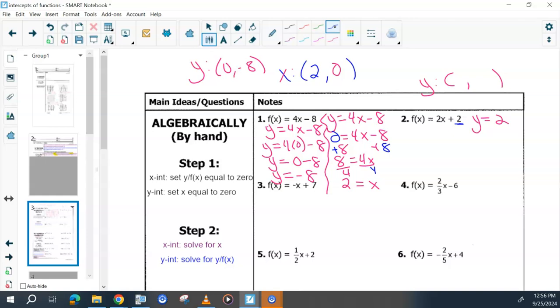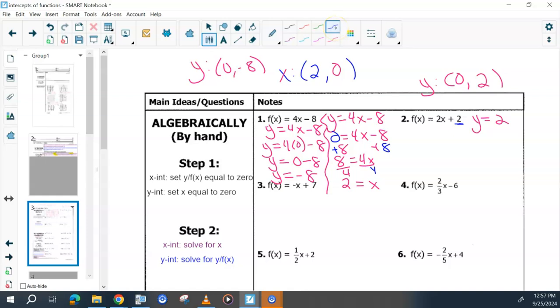So not (1, 2), but it's going to be 0 first and then 2. Yes. So if it's in slope-intercept form, we get the y-intercept as is. We don't have to solve for it.